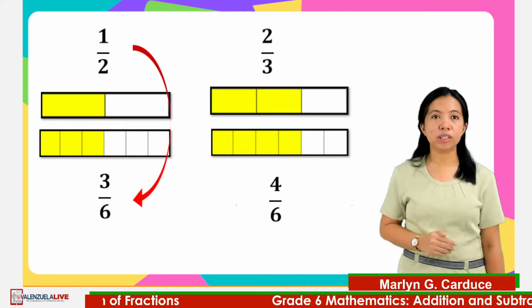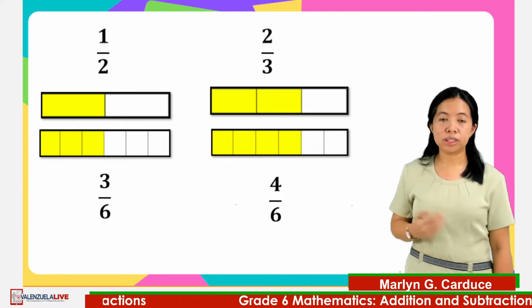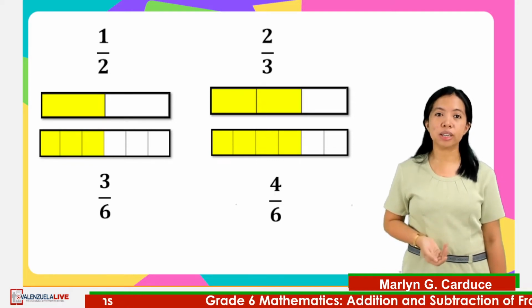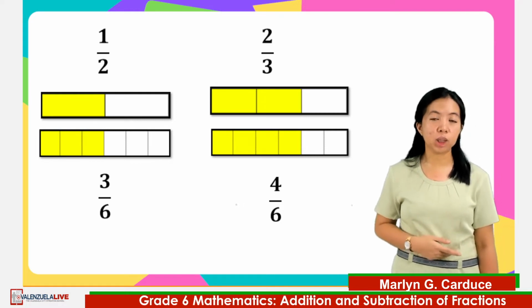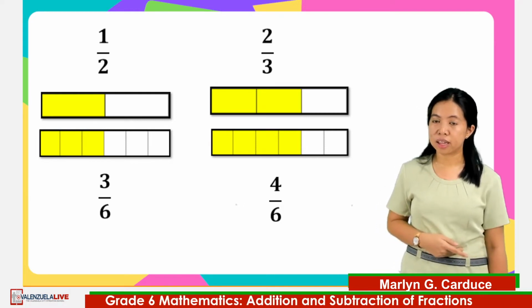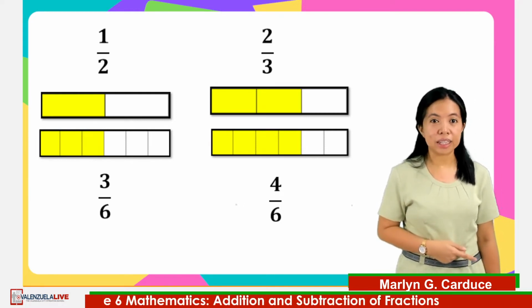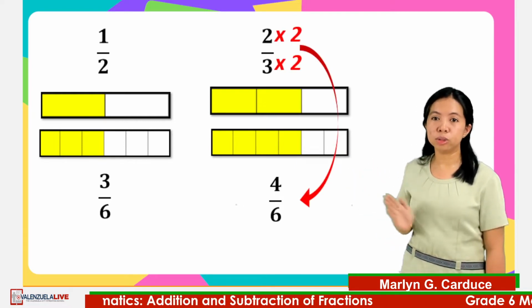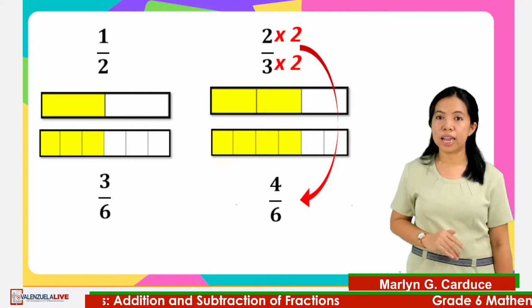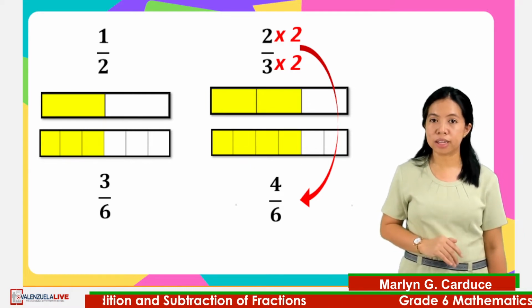For the second fraction, which is 2/3, the denominator is 3. And what number should be multiplied by 3 to become 6? Correct. It's 2. So the same rule applies. In 2/3, 2 times 2 equals 4, and 3 times 2 equals 6.